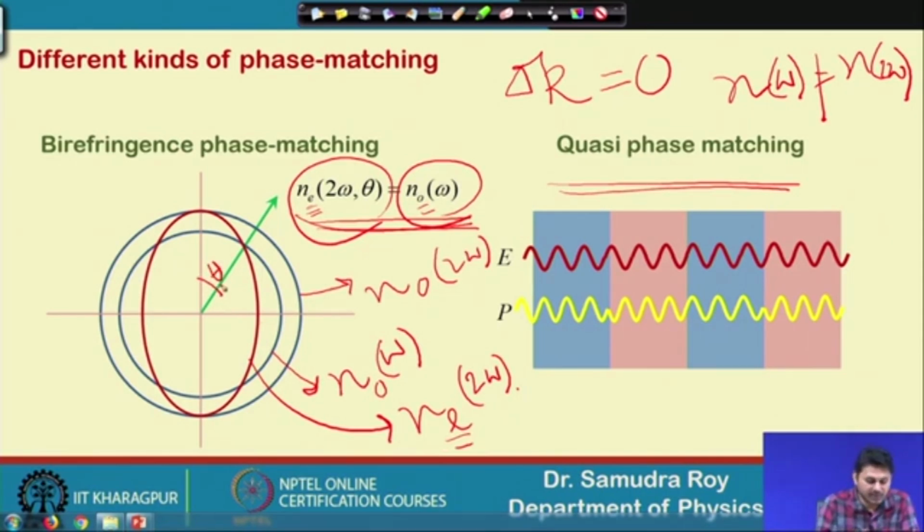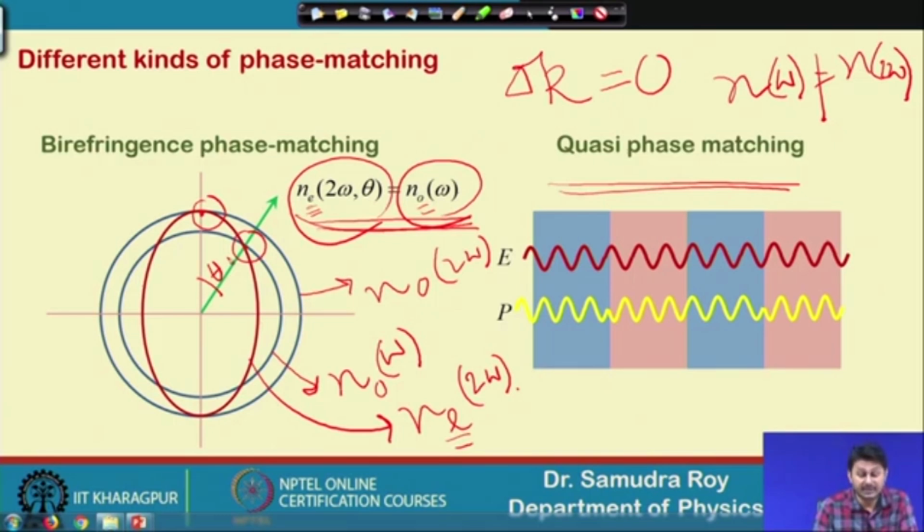So for different theta we have a different refractive index. This is the optic axis. At that particular point there is a possibility that these 2 quantities are the same. So this is called birefringence phase matching.